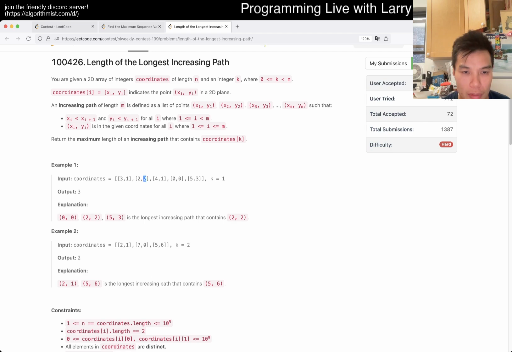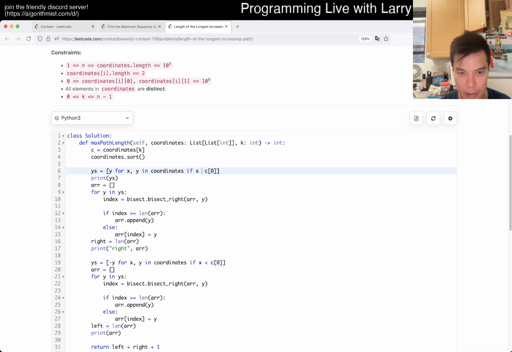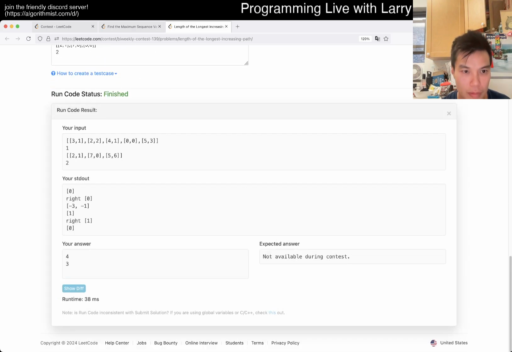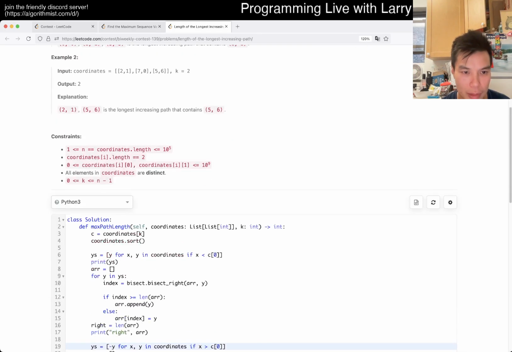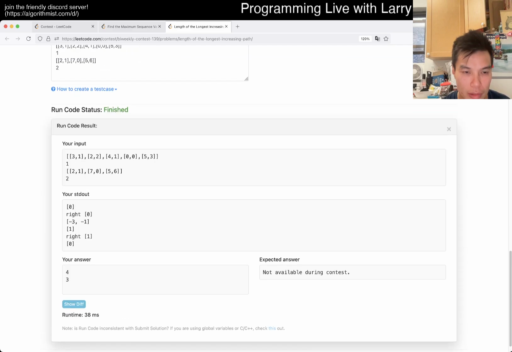So why am I doing ones? X, oh, I did the signs wrong. 4, 3, it's slightly better. But still no cigar. Right is 0.